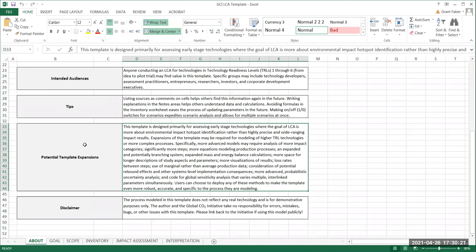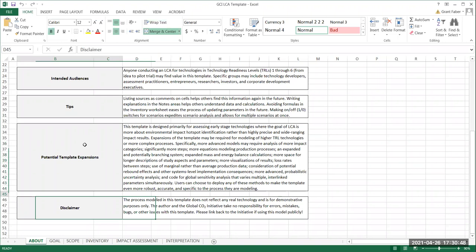These can include adding more data visualizations, adding more steps, more impact categories, maybe moving into a little more consequential LCA, looking at marginal changes rather than just using average production data, trying to do global sensitivity analysis, etc. So there's really a lot that can be added to this template, but it's really meant to serve as a base to work off of.